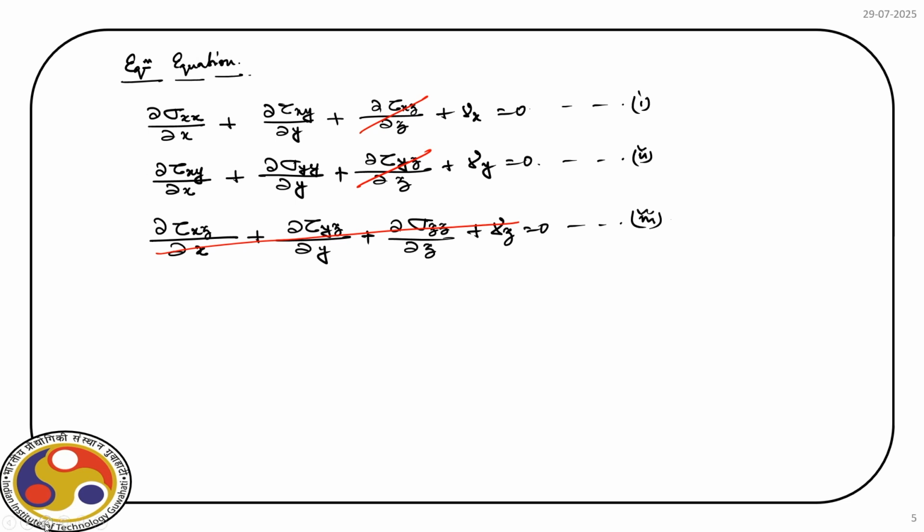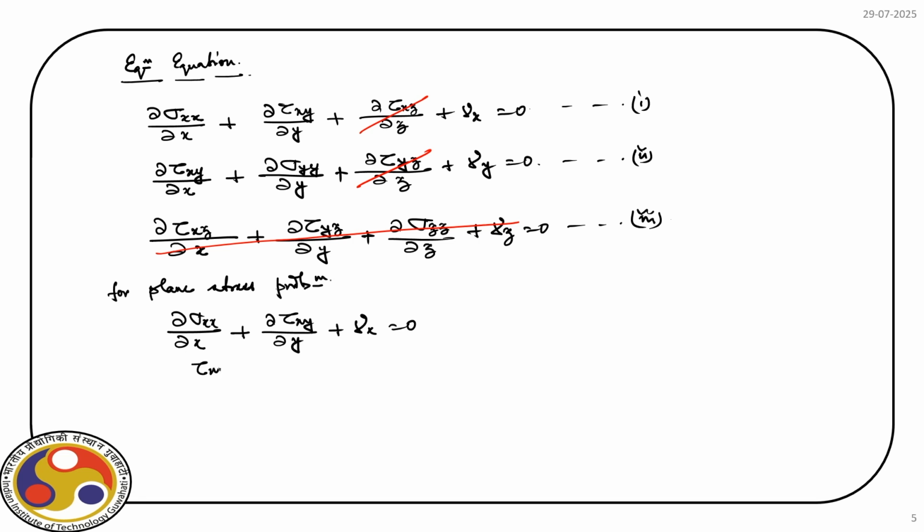So, for plane stress problem, if we write down the equilibrium equations, we have sigma xx differentiated with respect to x plus tau xy differentiated with respect to y plus gamma x equal to 0.